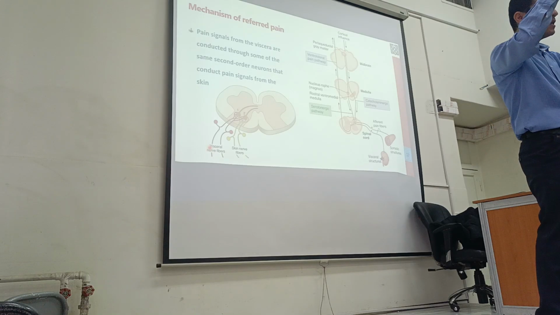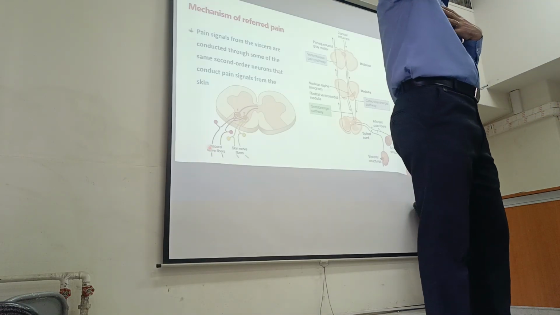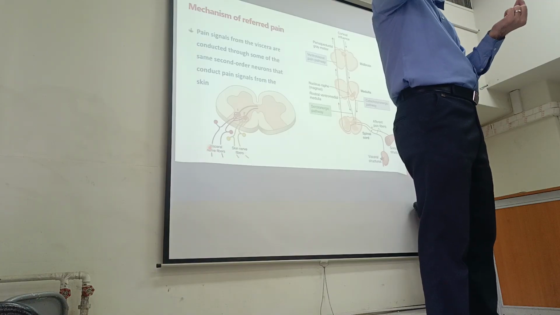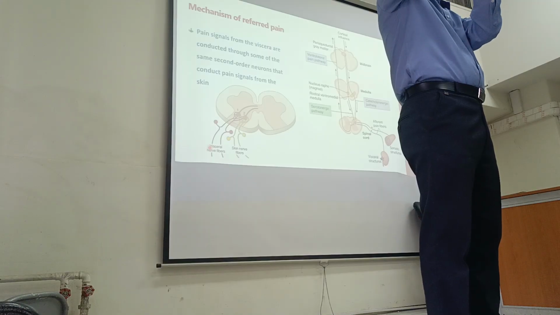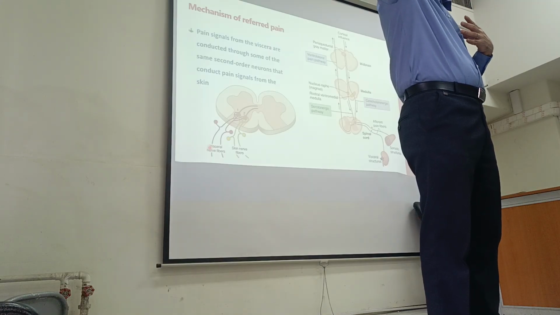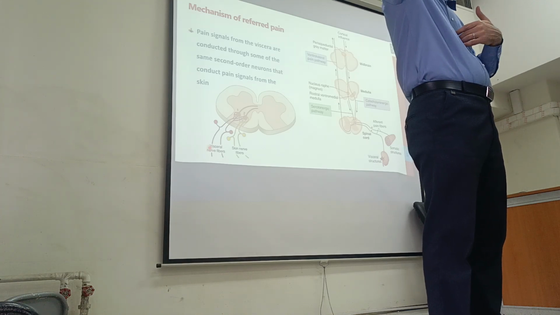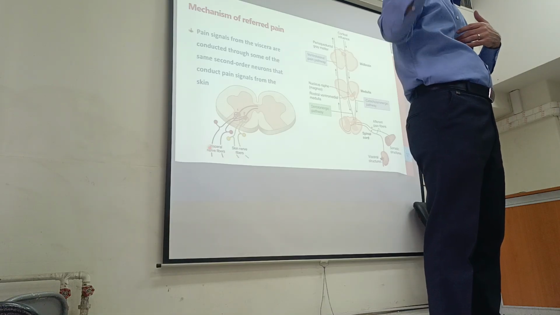Right? Now, ignore this. Think about this. We have visceral pain from an internal organ. It comes to the same neuron. The same neuron goes up and reaches the brain. We feel pain. But the brain interprets the pain as if it's coming from the skin, not from the internal organ. Why? Because usually we are not aware of our internal organs.